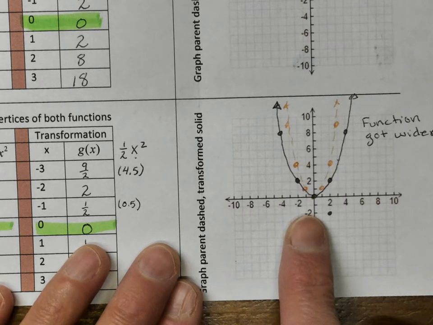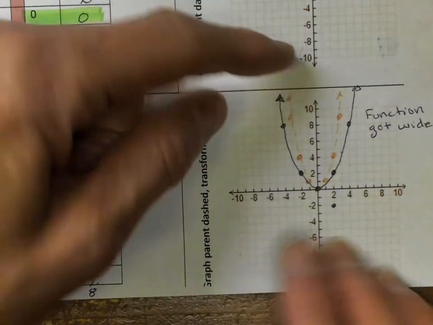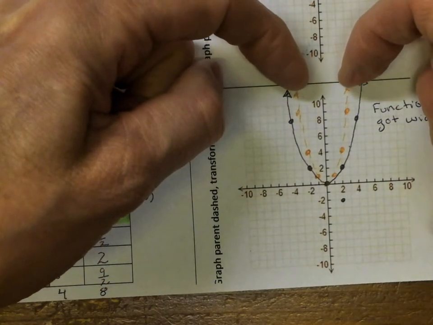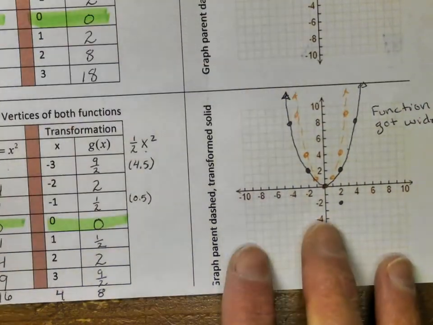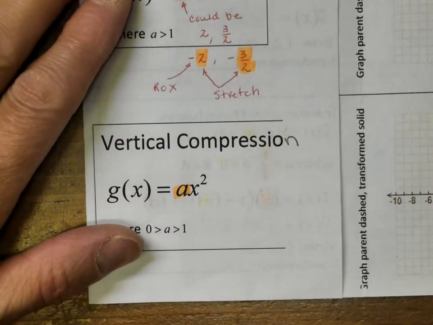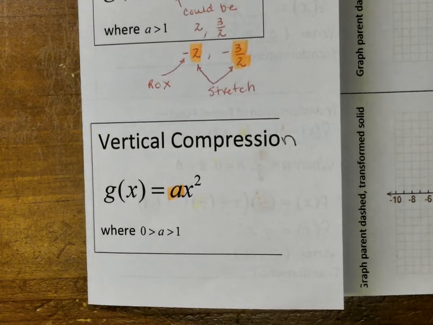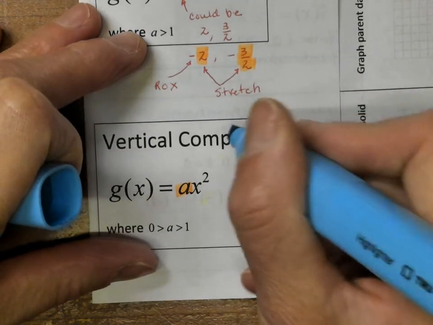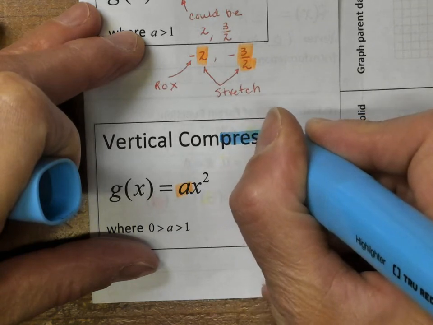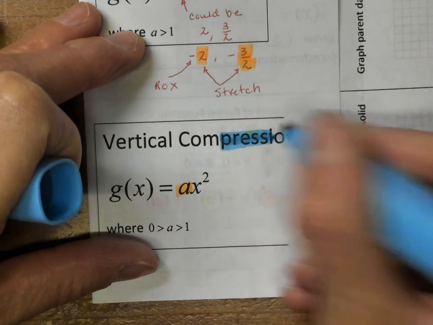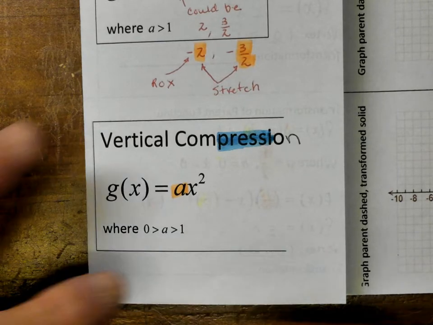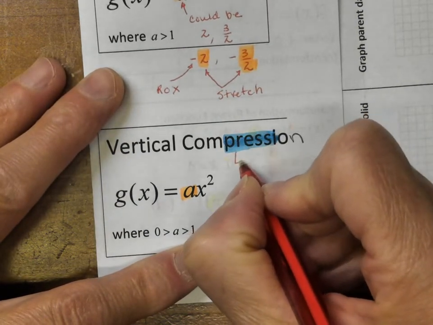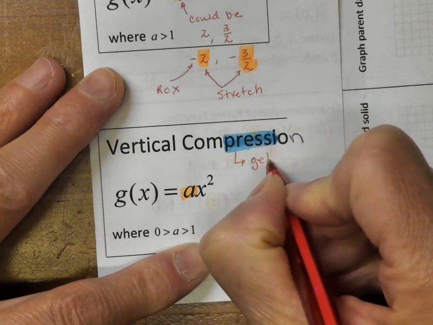So what I want you to think about with a compression is you're pressing down the ends of that parent, and as you're pressing it down, it gets fatter. So let's look here. So here we have the word press in compression. So that means it gets wider.